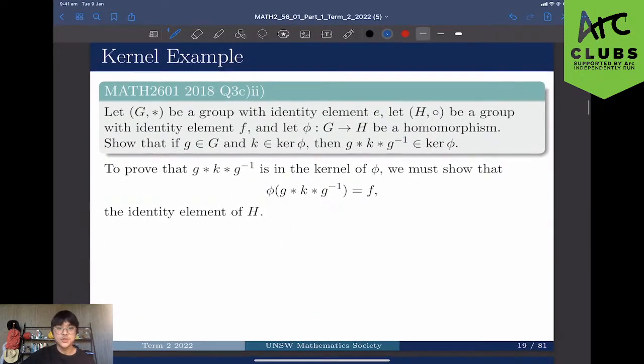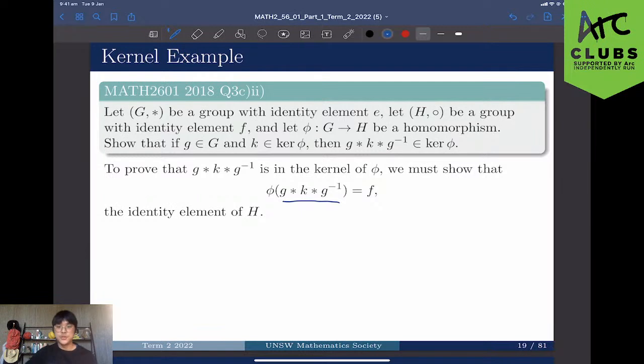So if we just use the definition of what the kernel of phi is, we have to show that phi of this thing is the identity element, because that's the definition of the kernel.